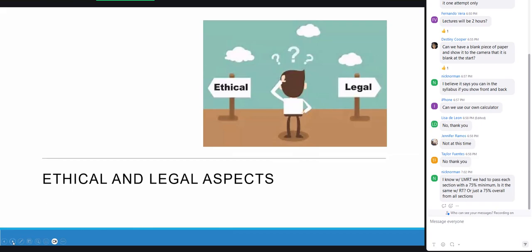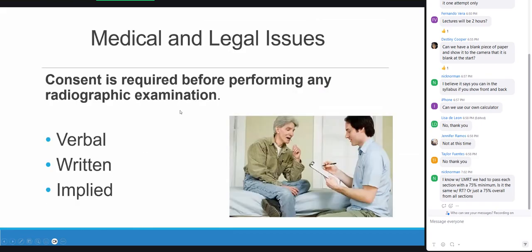So going into the ethical and legal aspects, one of the most important things we need to remember is that consent is required before performing any radiographic examination. This can be verbal, written, and implied.